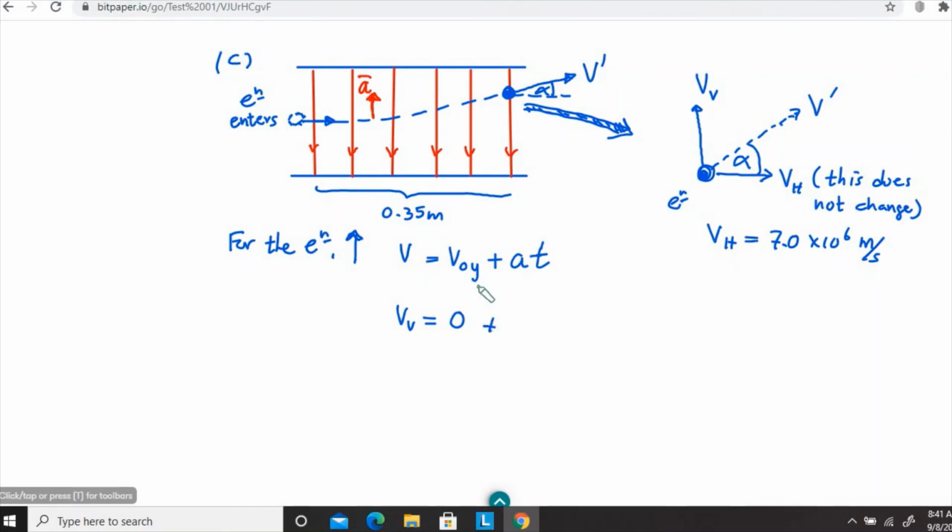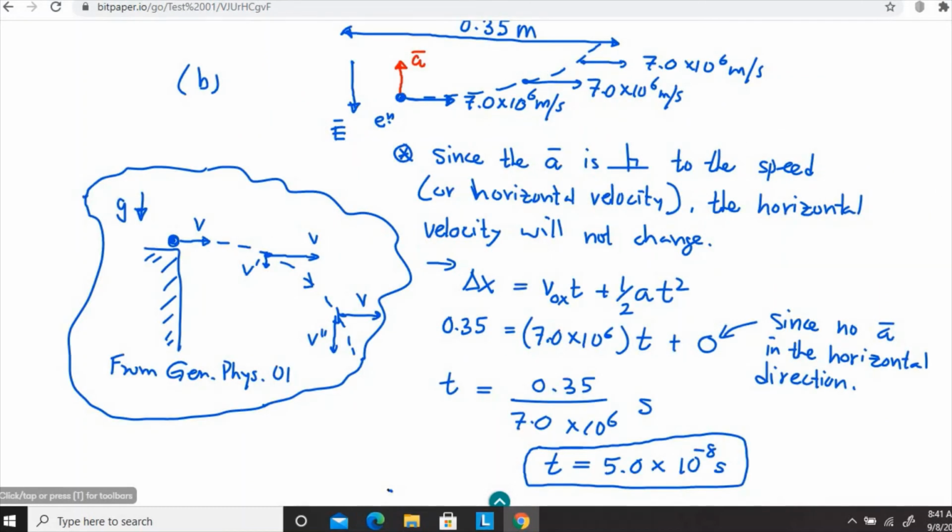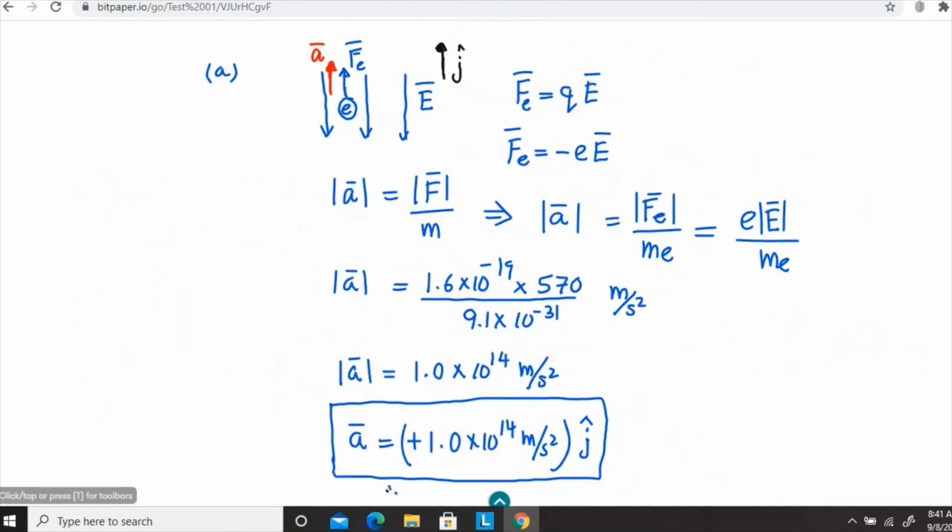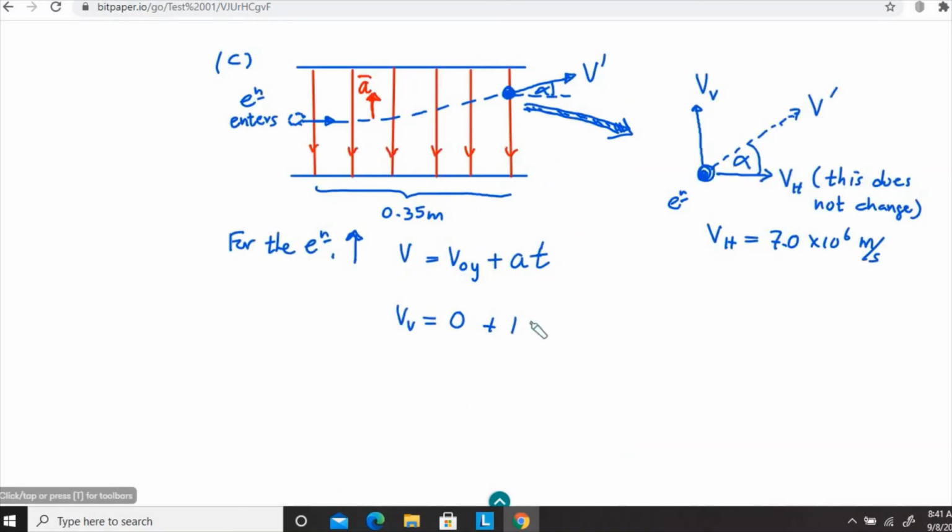And then plus a. What is the value for a? We figured that out. If you recall, that was this value: 1.0 times 10 to the power 14 meters per second squared. That's the magnitude, and it's pointing upward.